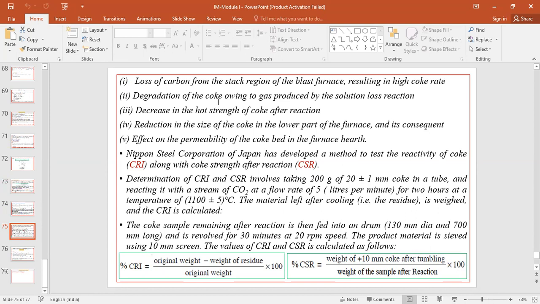There could be a decrease in the hot strength of the coke after reaction. There could be a reduction in the size of the coke in the lower part of the furnace. Then there is an effect on the permeability of the coke bed in the furnace hearth. These are some of the consequences which may occur in the blast furnace.